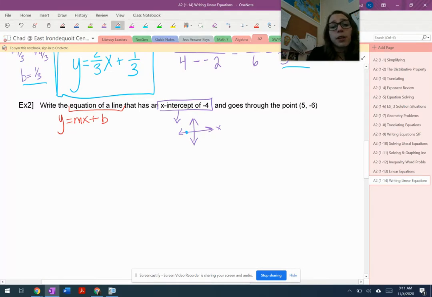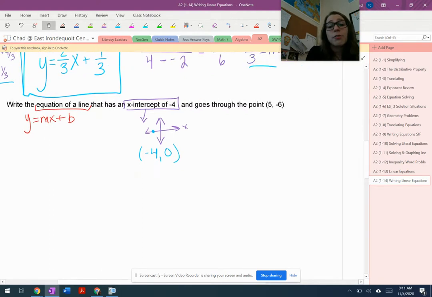An x-intercept of -4 results in the coordinate point -4, 0, because we learned in our previous lesson that x-intercepts always have a y value of 0, because there's no movement up or down if it's on the x-axis. So I've got my 2 points.